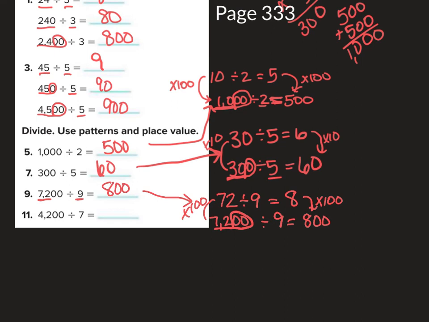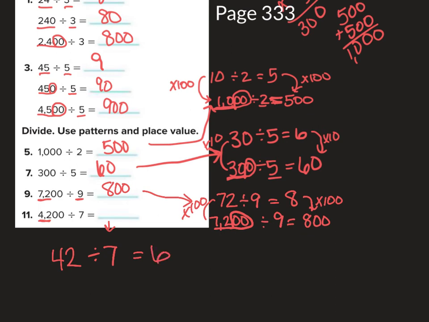Last but certainly not least, we'll do this little guy here. So I see 42 divided by 7. And that's going to equal 6.